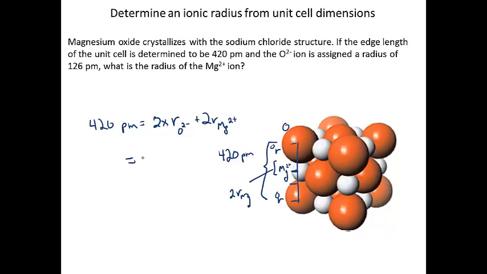So that's equal to 2 times the oxide ion, which we already know to be 126 picometers. So 420 picometers equals that, plus 2 times the radius of the magnesium. And then we can solve for the radius of magnesium 2+ to be 84 picometers.